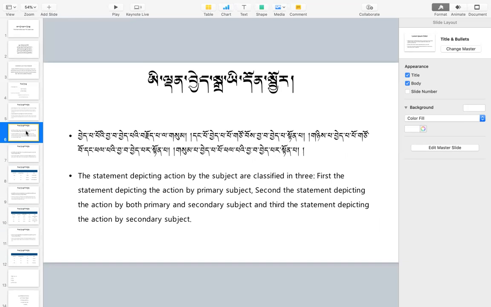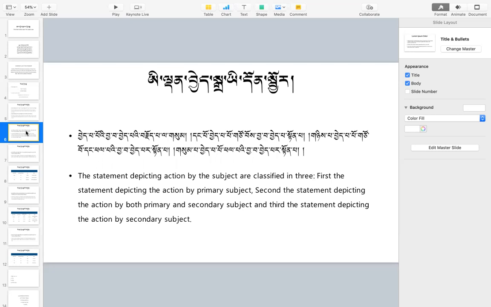The second variation is of the statement of the subject case in which the particle shows the action is done by both primary and secondary subject, in which the precedence, or the main authority, is given to the secondary subject, not to the primary.